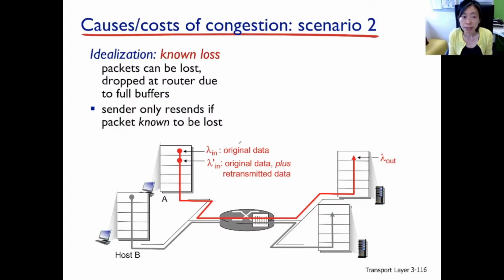To be more realistic, let's assume the sender does not know whether the buffer space in the middle here is going to be free or full. So we'll have packet loss in this case, because when the packet arrives at the full buffer, it's going to be dropped. And in that case, they will have to resend the packet. So for a packet arriving at the sender side of the transport layer, we keep a copy. Now, that packet arriving at the router sees the buffer full, so it's dropped.